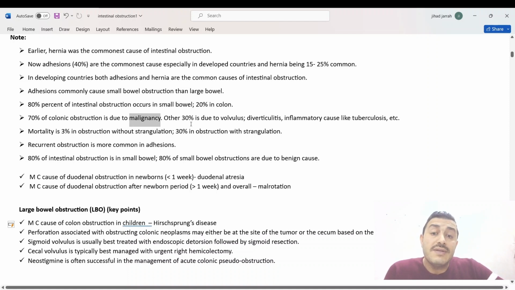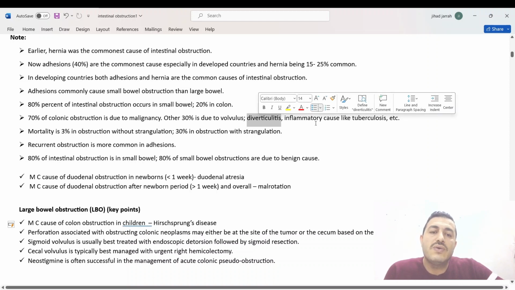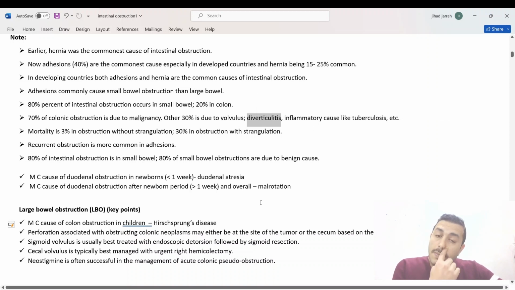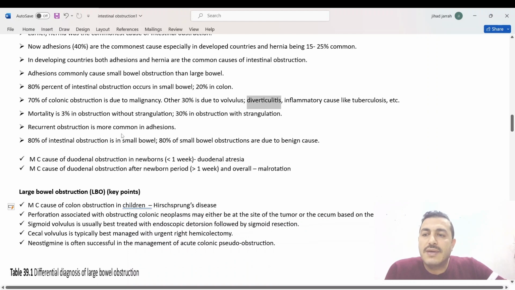The other 30% of colonic obstruction can be due to volvulus, diverticulitis, inflammatory bowel disease such as Crohn's, or inflammatory causes like tuberculosis. The mortality of intestinal obstruction depends on whether there is strangulation or not.